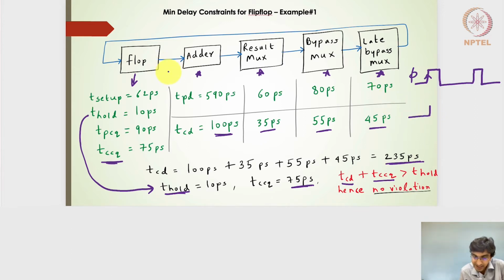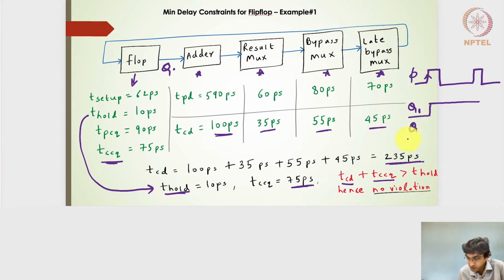So this I'll write as the Q signal. This one will be the Q1. So for the first clock edge, I'll get the Q output, which is nothing but Q1, which will be after the TCCQ, contamination clock to Q, and then the adder output, result mux output, bypass mux output, late bypass mux output.